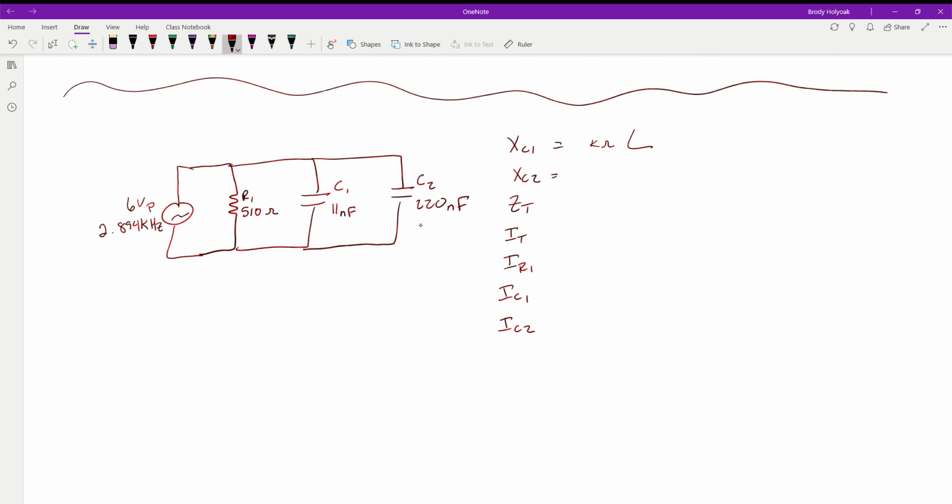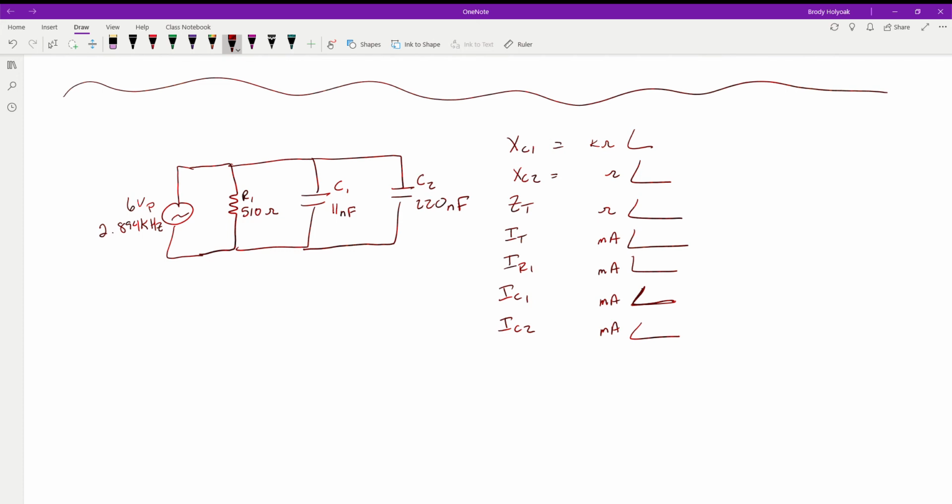Capacitor 2 is in ohms at an angle. Our total impedance is in ohms at an angle. Current total is in milliamps. IR1, I capacitor 1, and I capacitor 2 are all milliamps. So that's what we're looking for.